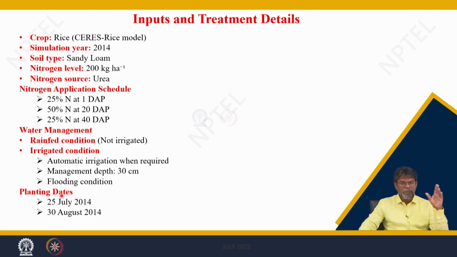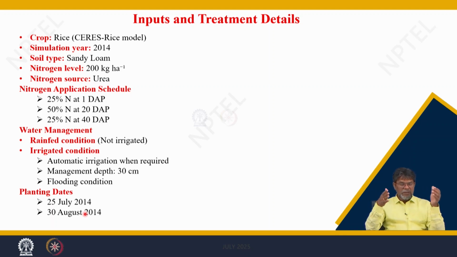Planting date. So, there are 2 planting dates to give the experience of 2 weathers: 25 July 2014 and 30 August 2014. These 2 planting dates will give information about the weather variability. If the crop is grown at different planting dates, it is exposed to different weather, and particularly the crop phenophases are exposed to various weather parameters.